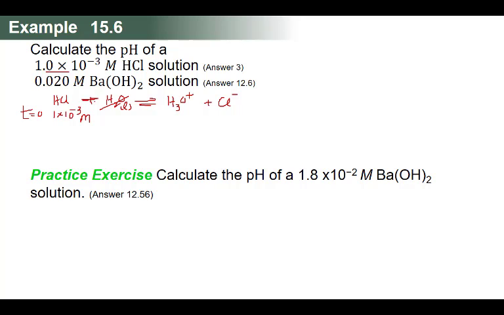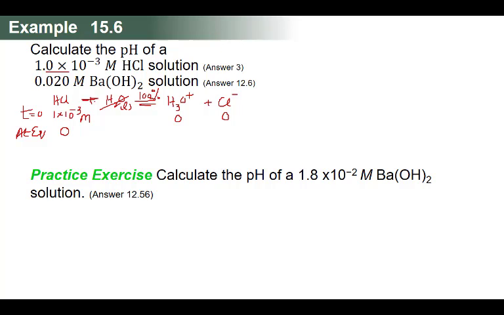Hydronium ion will be 0 in the beginning, and chloride ion will also be 0. After some passage of time, at equilibrium, the hydrochloric acid will be finished, and completely 100% it will change into hydronium ion and chloride ion.